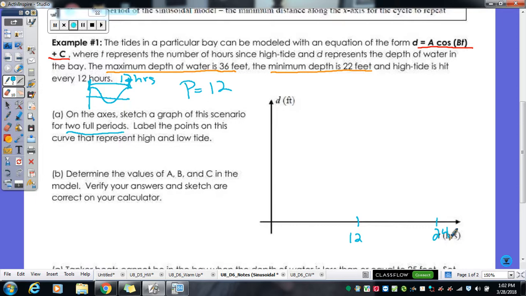What is our maximum depth? 36. So I'm going to estimate a 36 on here. That's going to happen at 0. It'll have to happen at 12, because that's when it's going to return back to high tide, and it's going to happen at 24 hours.